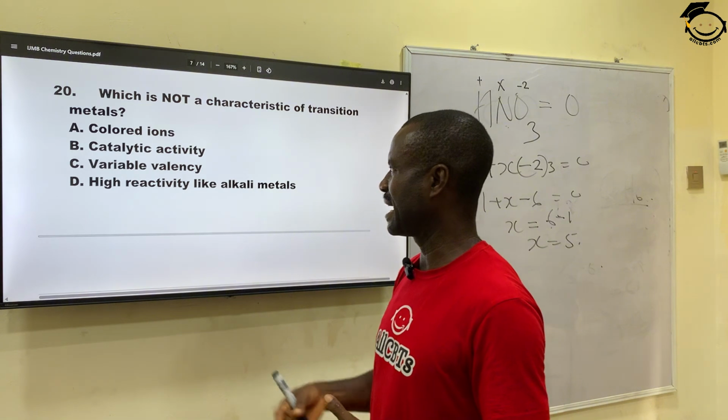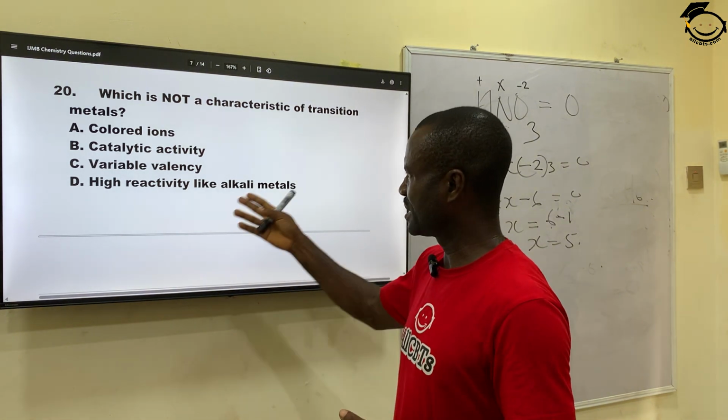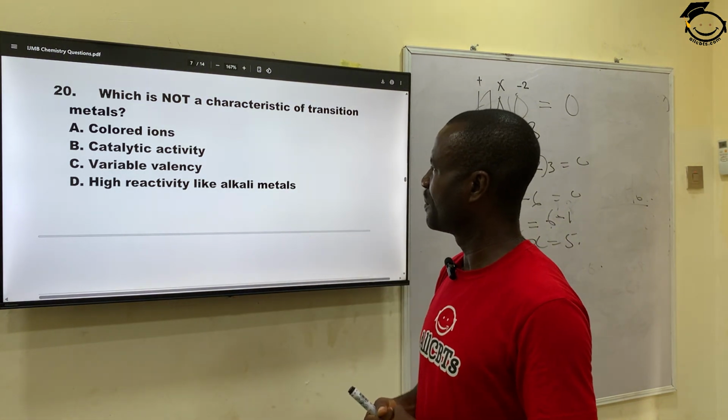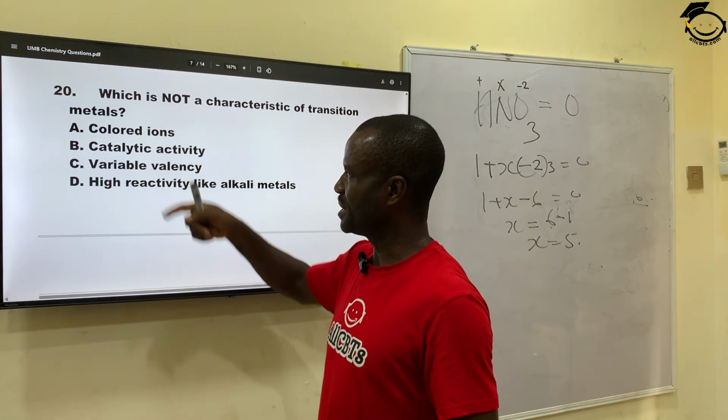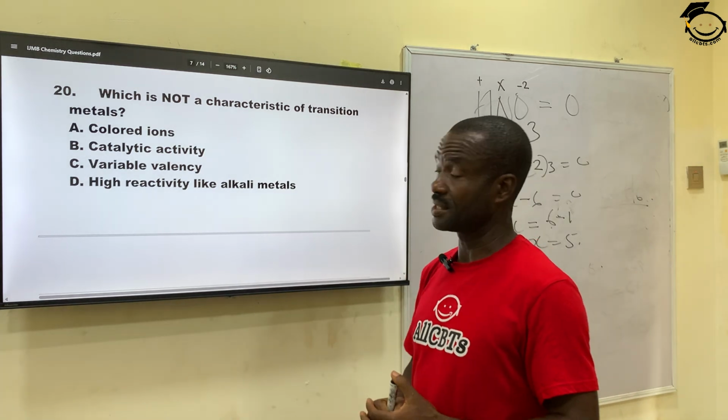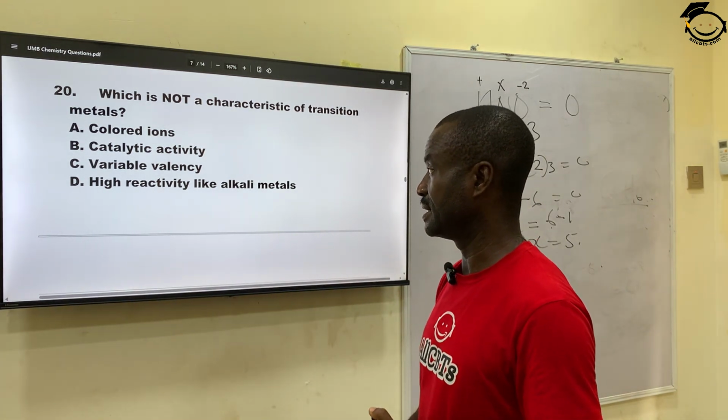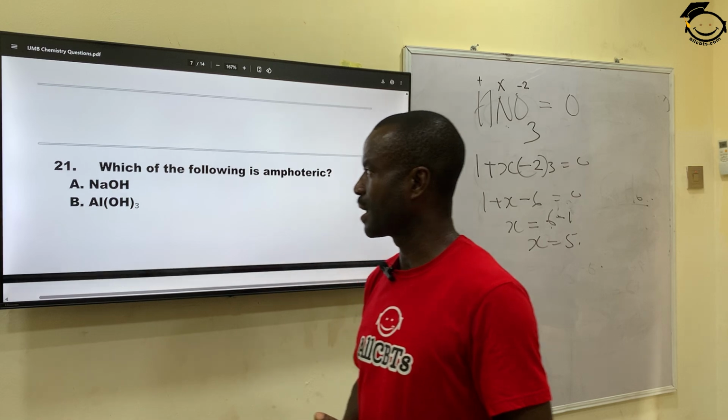The correct answer is D. This is not a characteristic of a transition element. But the following three, A, B, C, are all characteristics of transition elements. So the option there is D, high reactivities.